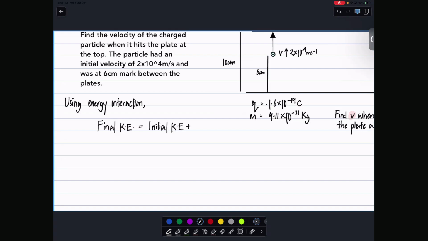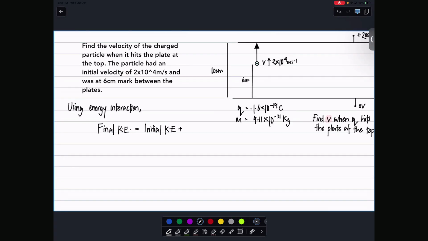Should it be plus or minus electrical energy here? Am I going to lose electrical energy and gain K, or gain electrical energy and lose K? You're going to lose electrical energy and gain K. How much electrical energy will you lose? QV. QV is the value, right?